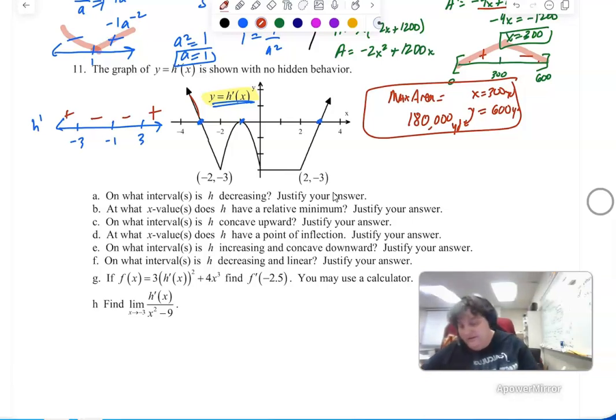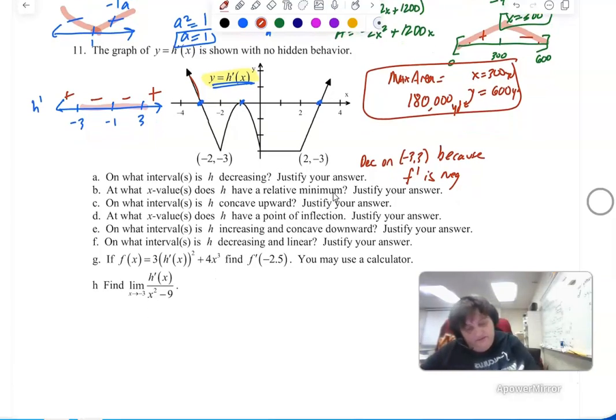So where is it decreasing? It's going to be decreasing right here, negative 3 to 3. So I'm going to say it's decreasing on negative 3 to 3 because H prime is negative, right? So we got to make sure that we write our justifications on here. Where does it have a relative min?